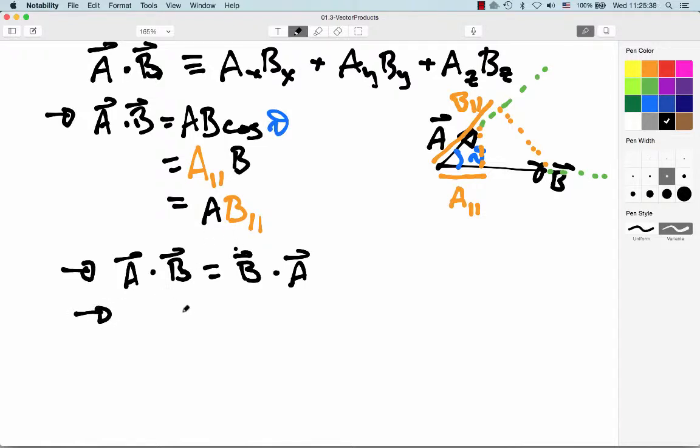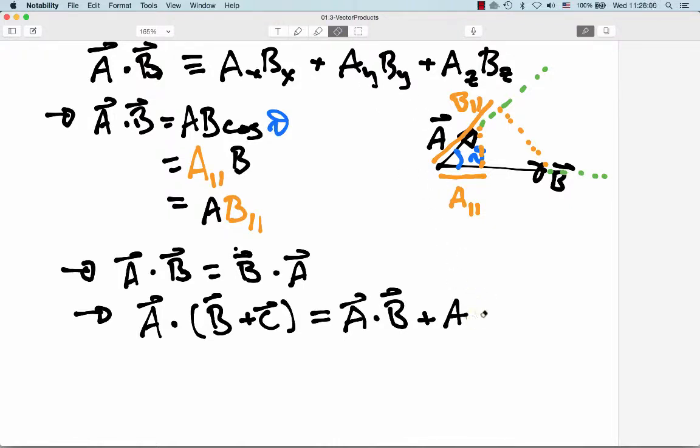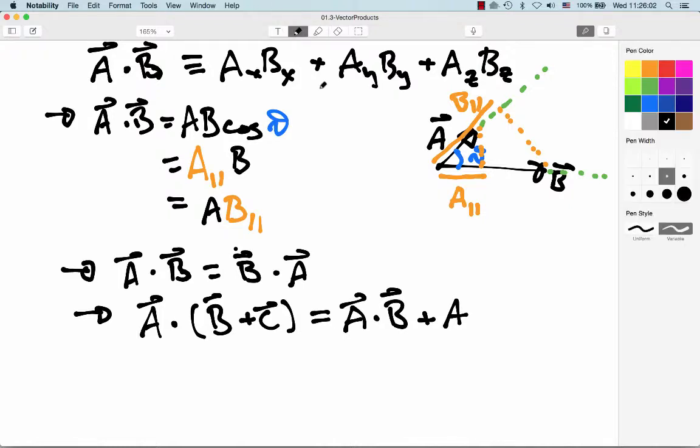And then we can also play with it a bit more, and we can show that if I dot A into the vector sum of B and C, the dot product distributes over vector addition. So this is equal to A dot B plus A dot C, like that.